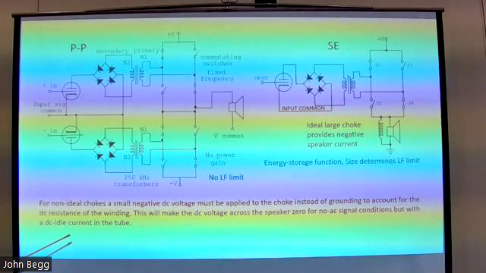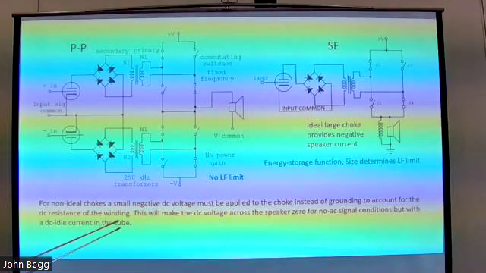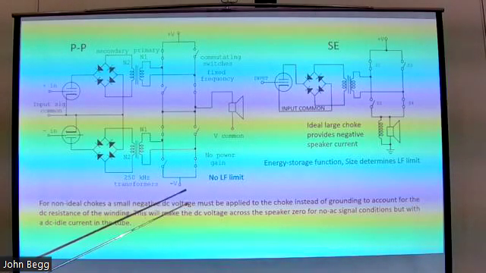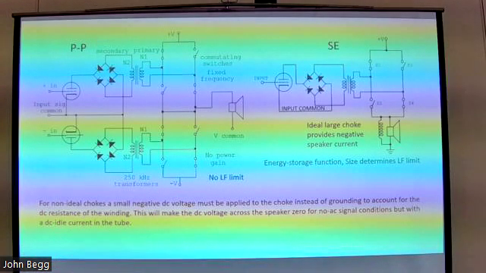You can't just quite ground the choke. You have to apply a little bit of negative voltage, depending on the DC resistance of the choke itself, to offset and account for that DC resistance. So you apply a little bit of negative voltage to that end of the choke rather than having it grounded. But that's just a little technicality. Basically, it doesn't change the operation of the circuit.